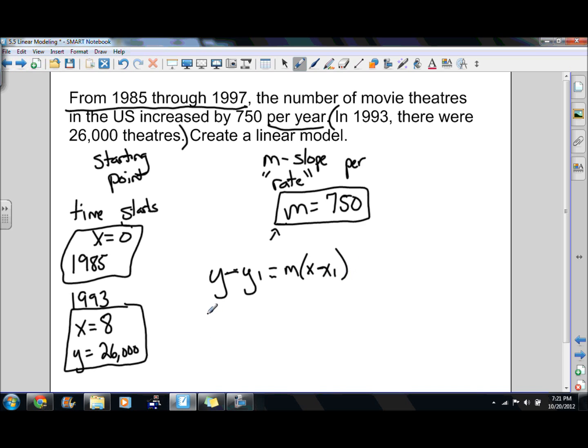So we have y minus 26,000 equals 750 parentheses x minus 8.